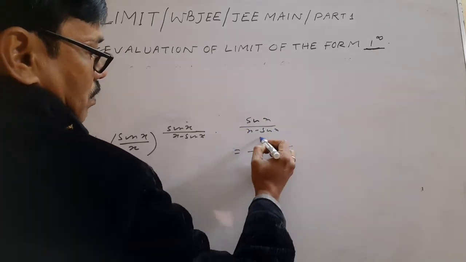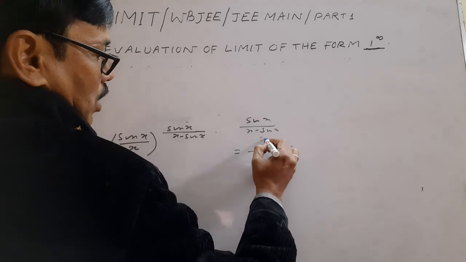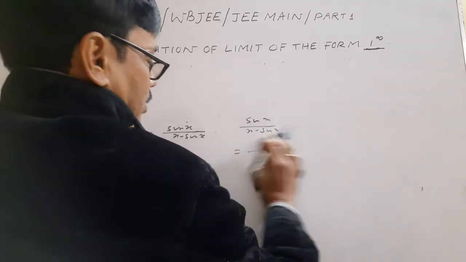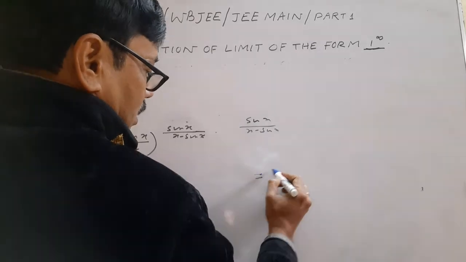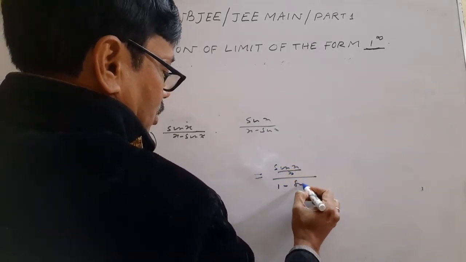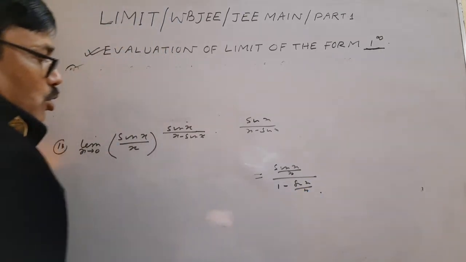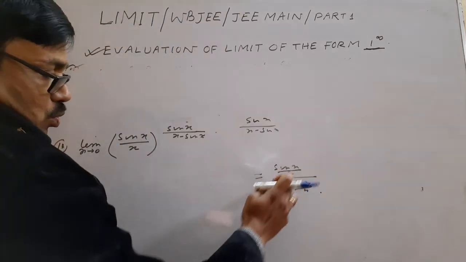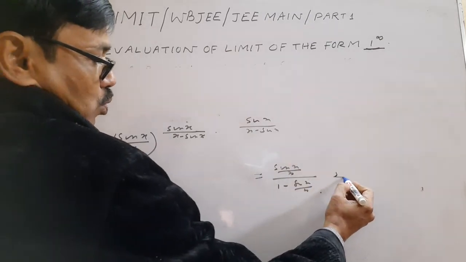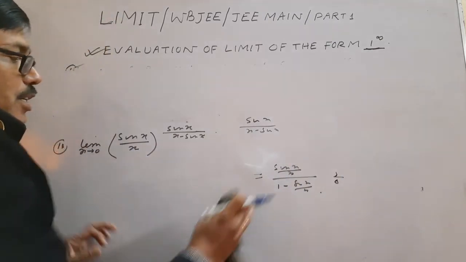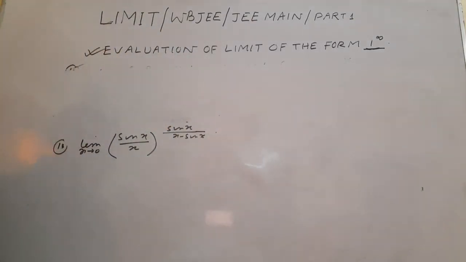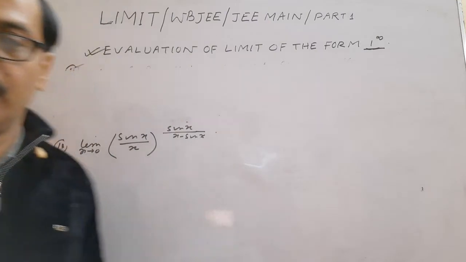So if we divide by x, what are we getting? This is sin x by x, and this is 1 minus sin x by x. So x tends to 0, we see 1 by (1 minus 0)... 1 by 0, that is infinity. So it is of the form 1 to the power infinity.